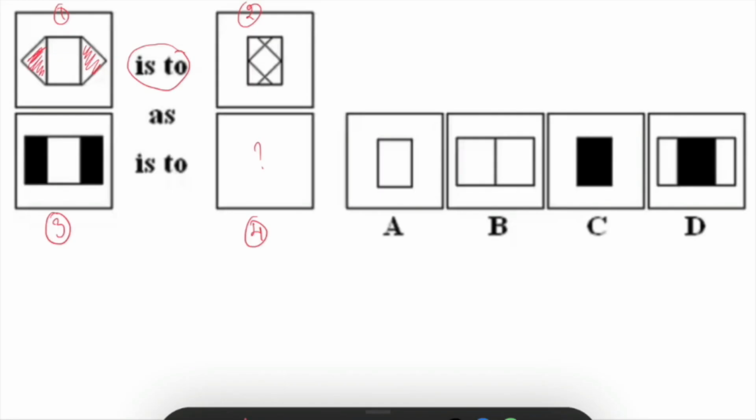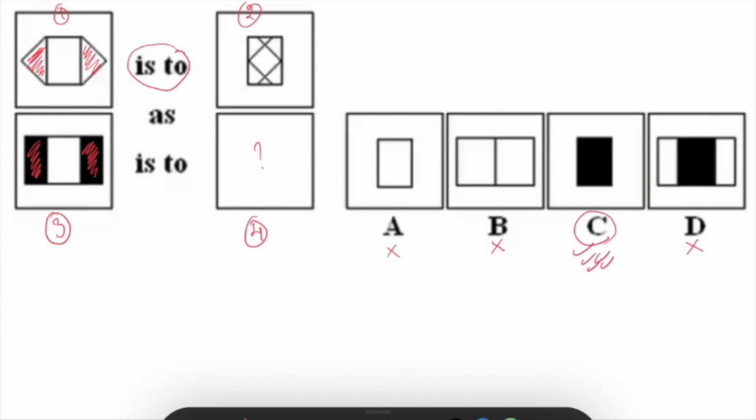So I can imagine that the two sides in pattern 3 will be folded inward, and I'll come up with C. A does not give me this, B does not give me this, D does not give me this, so C is the right answer.